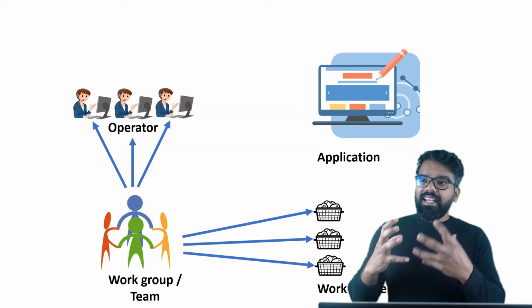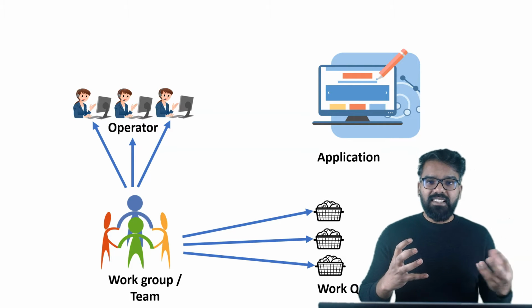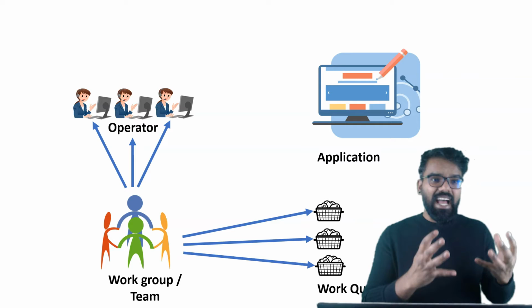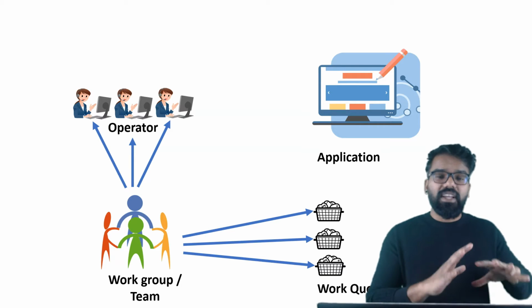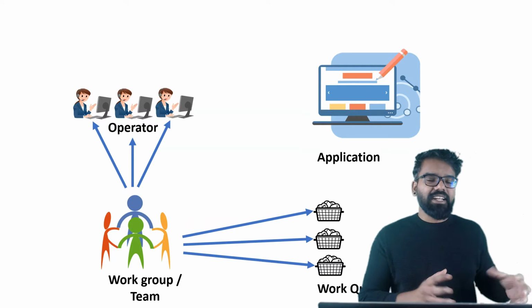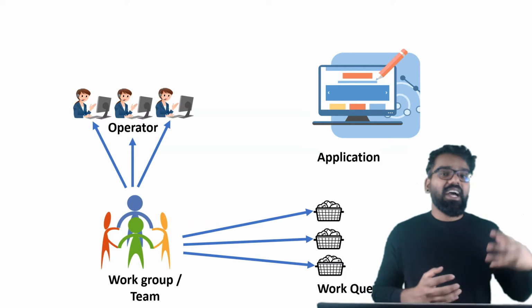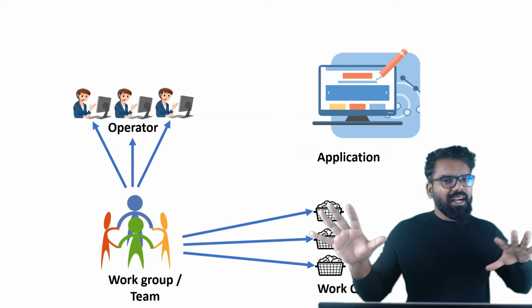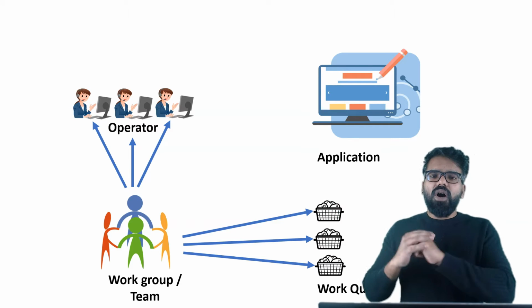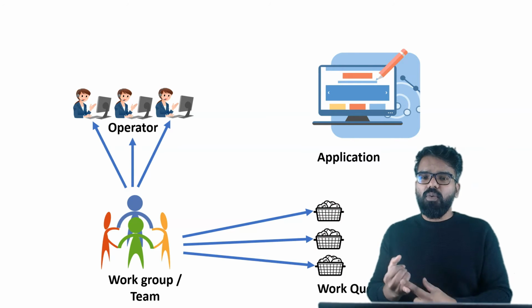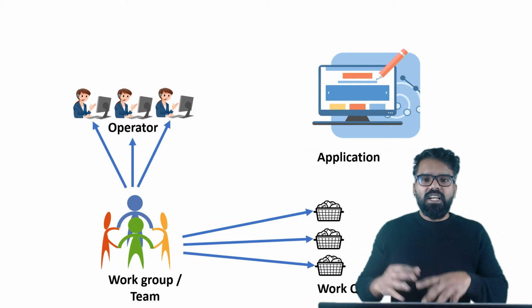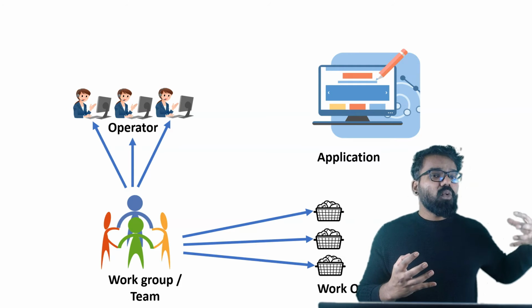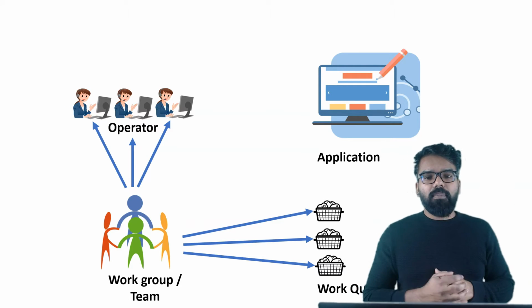Because if you think, a team can process different types of cases and different types of cases can have different types of work queues, or it can wait at different places, right? So definitely a team can have multiple work queues. So that is how Pega is implemented. I'm just showing you how the design pattern is, how one-to-one, one-to-many mappings are done. So one team can have multiple work queues assigned to one particular team.